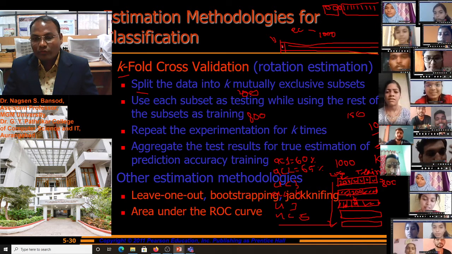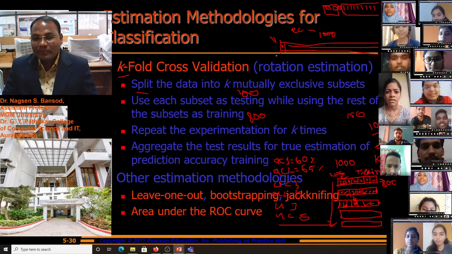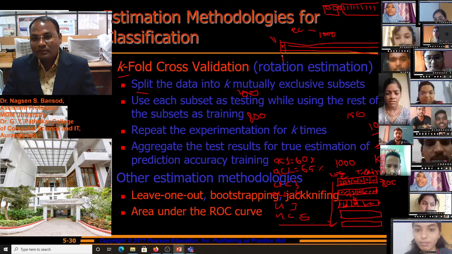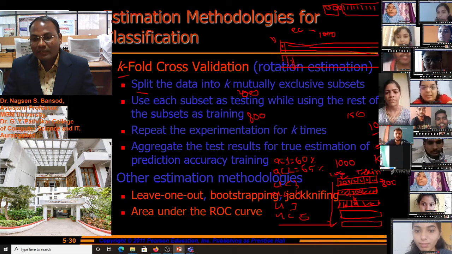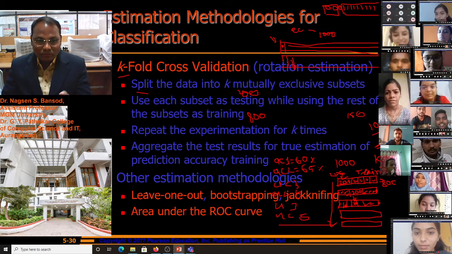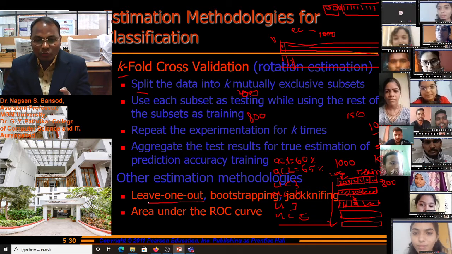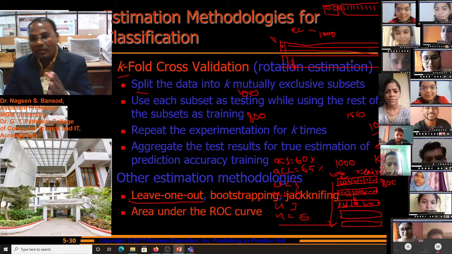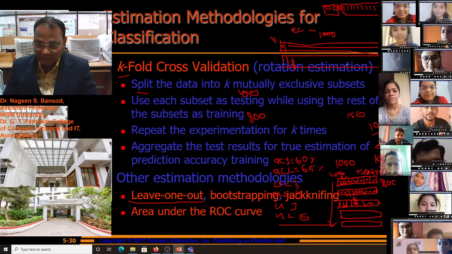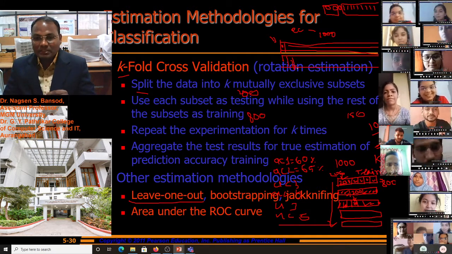Suppose one record we will select, and in the next experiment we will select another, second record. Leave one out means one by one we will take a record for testing, and all the remaining will be the training sets.